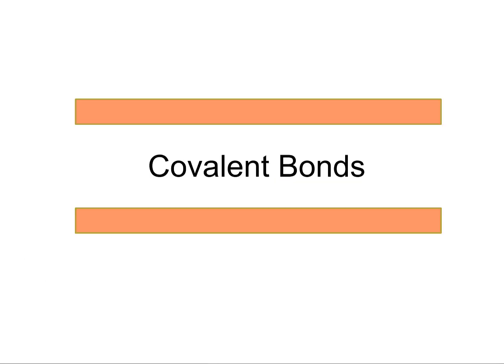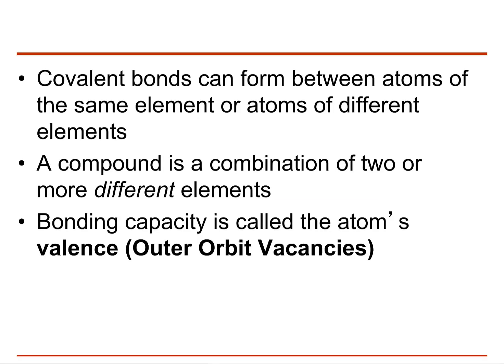So let's go into covalent bonds. These are the types of bonds that can be formed between atoms of the same or different elements. A compound is a combination of 2 or more different elements. Bonding capacity is called the atom's valence, outer orbit vacancies.